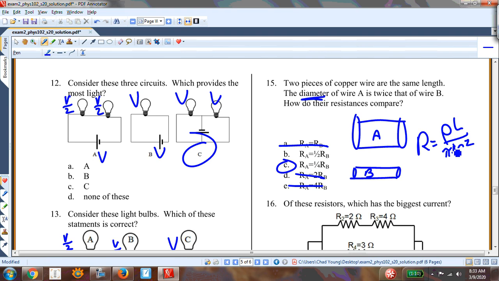If I double my radius, then I'm going to get 1/4 the resistance.